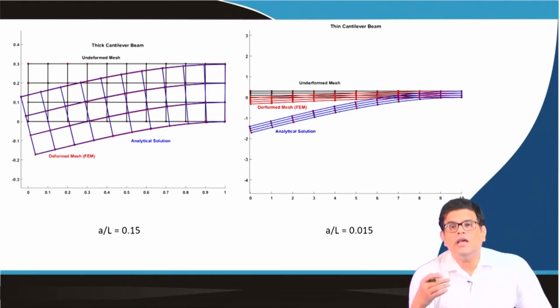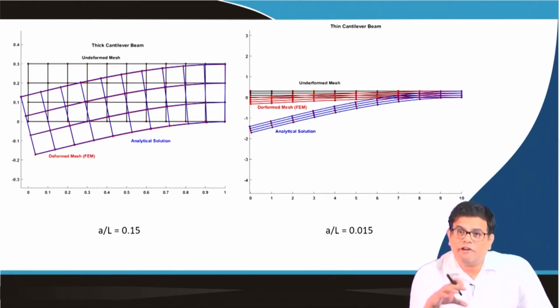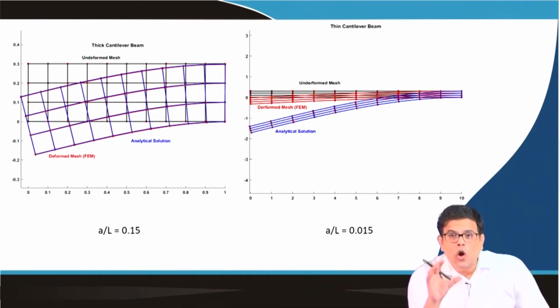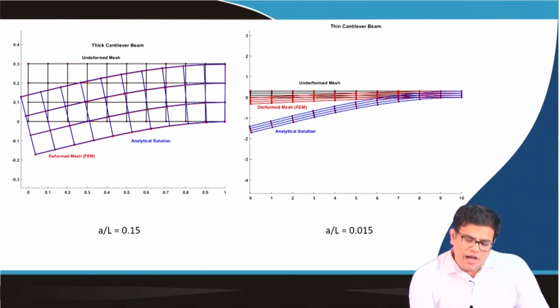And naturally this is a problem where we know the analytical solution, so that's why we know that it is not correct. But in a case where we don't know the analytical solution, if I do not know that this element locks essentially, then our approximate solution will be the red mesh, which is incorrect.